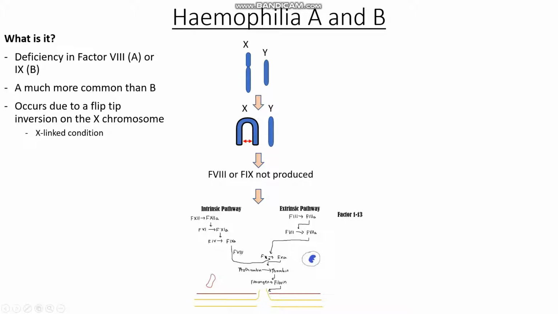If, therefore, we have a deficiency of either factor VIII or factor IX, we can see that we're halting the intrinsic pathway. And therefore, we're not able to help produce fibrin, so we can't help produce our fibrin sheath or help stabilize our clot.